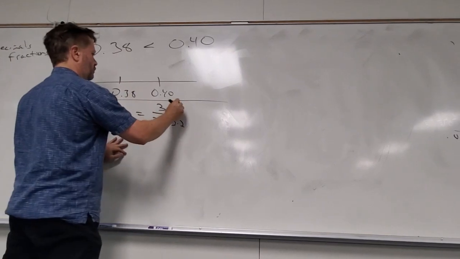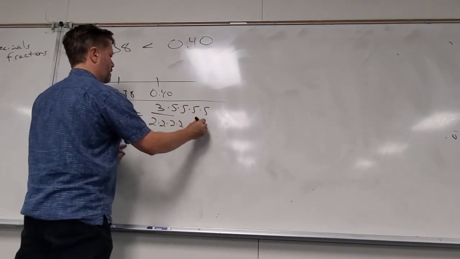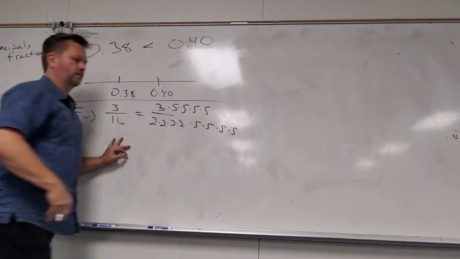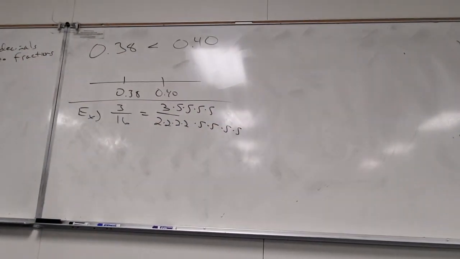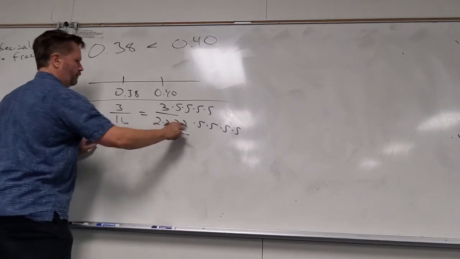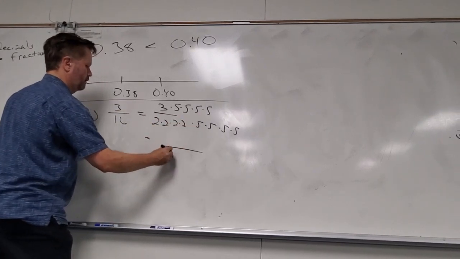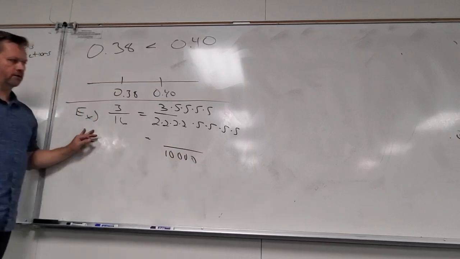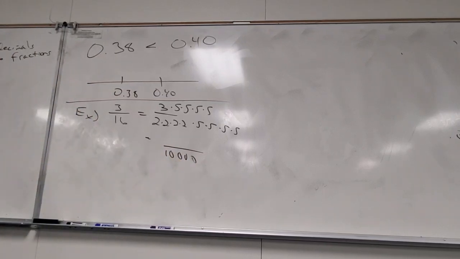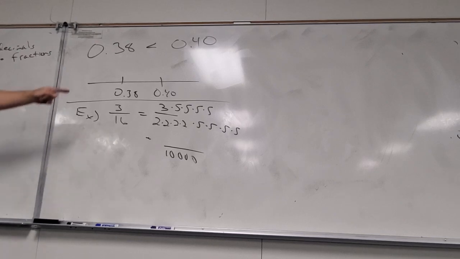So then I actually have to multiply top and bottom by 5 times 5 times 5 times 5. So in the bottom, I'm going to get 4 groups of 10. So I'm going to have 4 zeros. On the top, I'm going to get whatever 3 times 5 times 5 times 5 times 5 is.